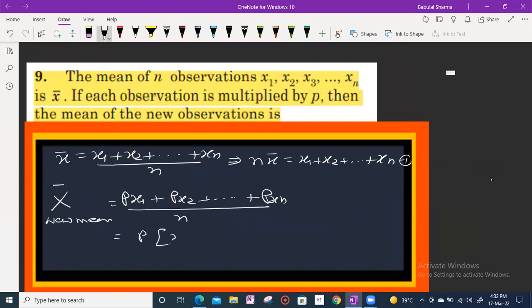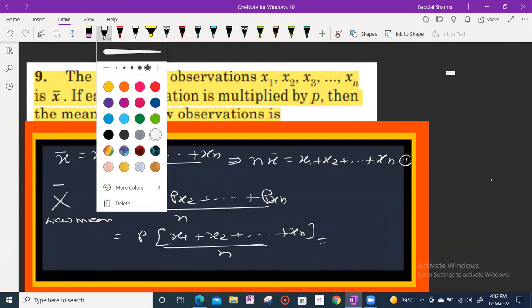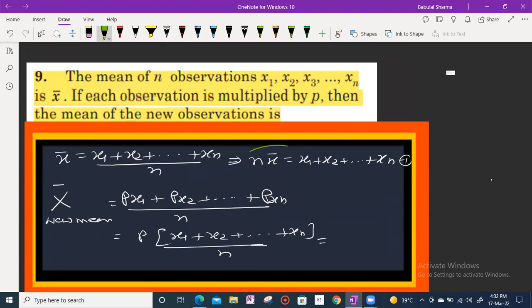Taking p common, that is x1 plus x2, that is xn divided by n. So from the very first equation here, x1 plus x2 plus xn is given by n x bar.